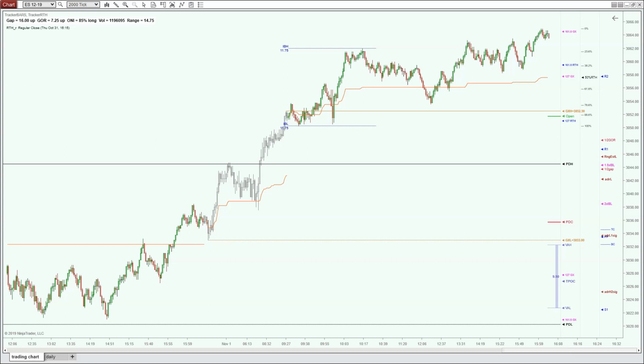Ultimately, what you use is entirely up to you. Our goal is to make it easier for you to see your setups. At least with TrackerRTH, it is easy to experiment to find what works for you. For targets, they can be fulfilling one of the daily statistics or using one or more of the many measured move metrics discussed earlier.